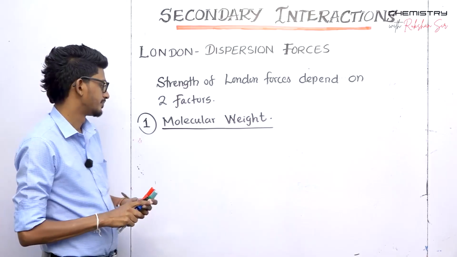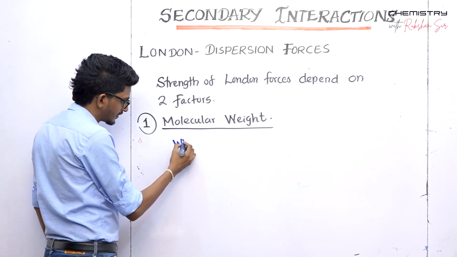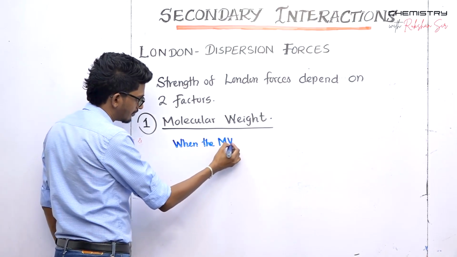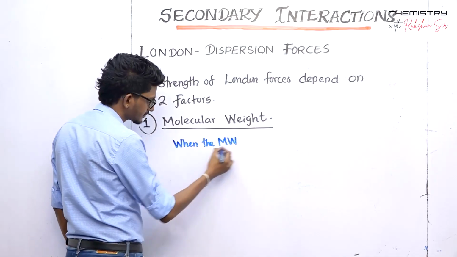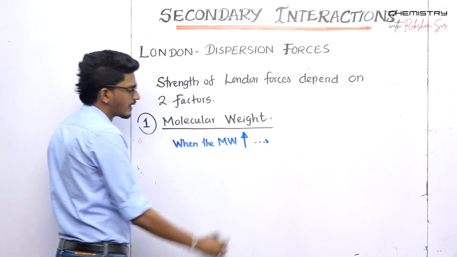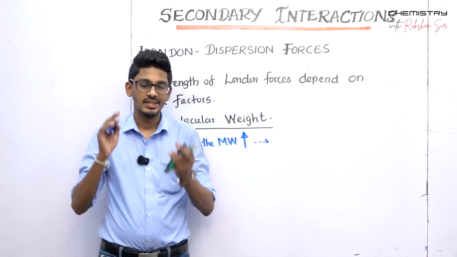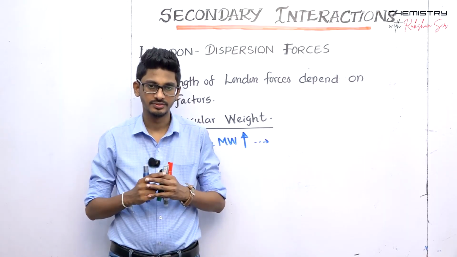The idea is this. When the molecular weight, considered as MW, is high, what happens? A high molecular weight means you have more protons in your molecular nucleus.